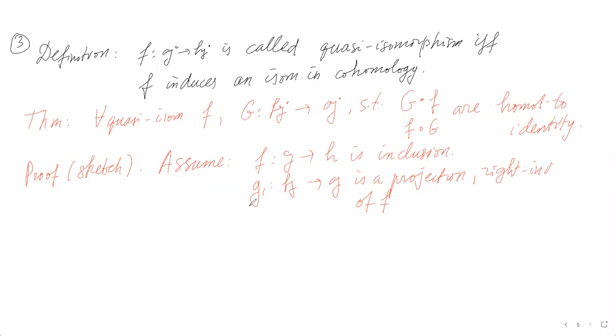Yeah, I think it is like this. So it's a good projection. So F, G1 should be the identity of H. That's what I assume.